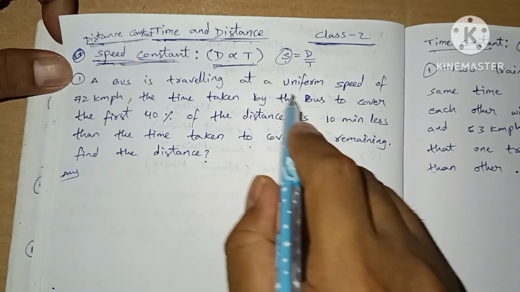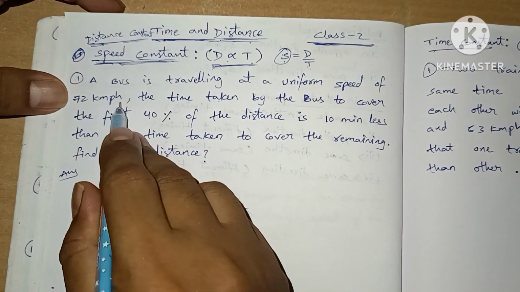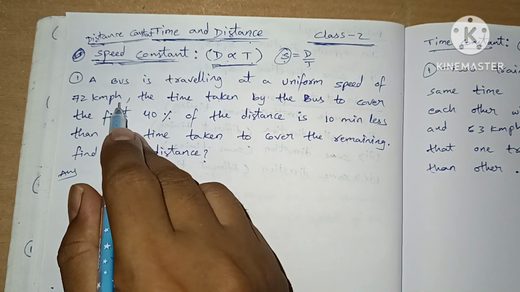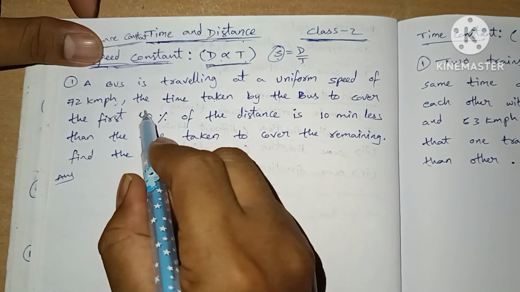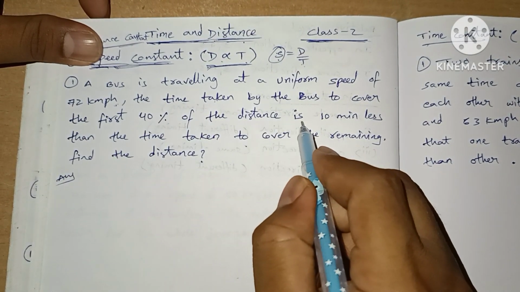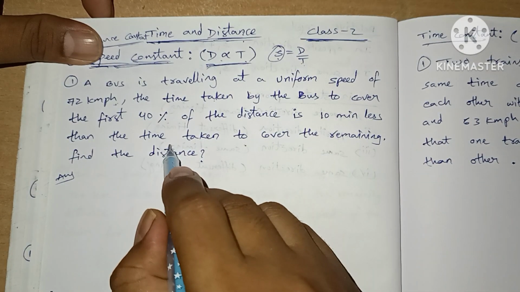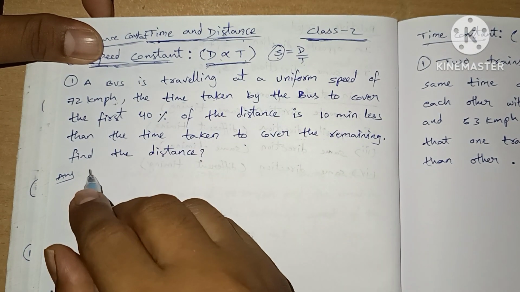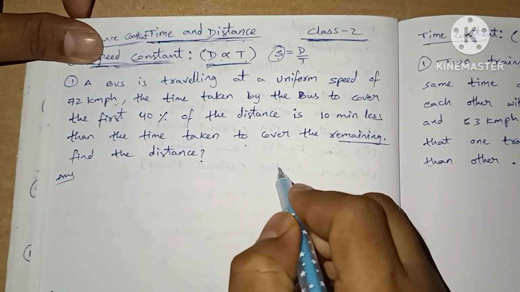A bus is traveling at a uniform speed of 72 kilometers per hour. The time taken by the bus to cover the first 40% of the distance is 10 minutes less than the time taken to cover the remaining distance.